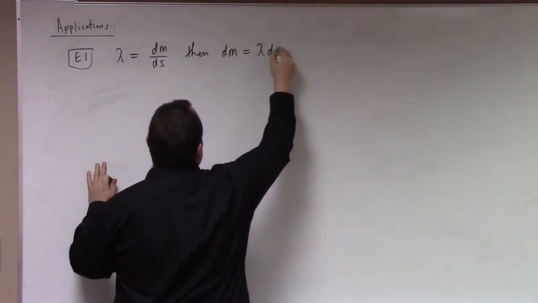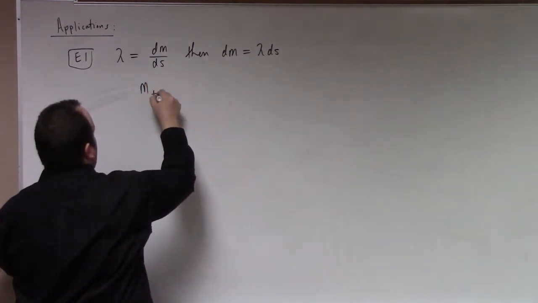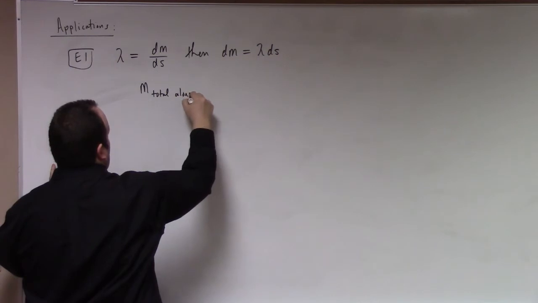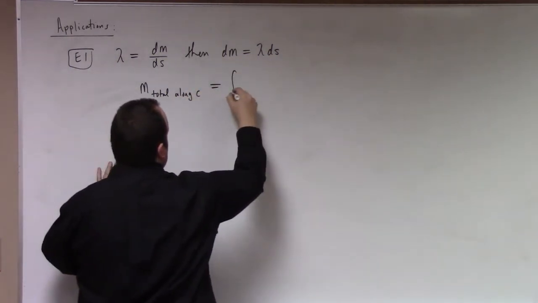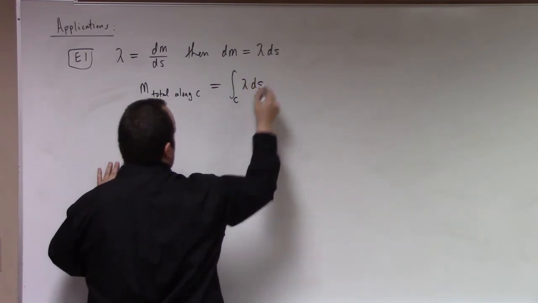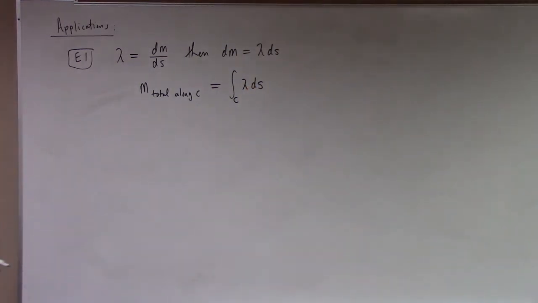So the total mass along C would be the integral over C of lambda ds. So I could calculate the total mass of a curve in 3 dimensions or 2 dimensions. Just integrate the mass per unit length along the curve. This notion of integration does that for me.